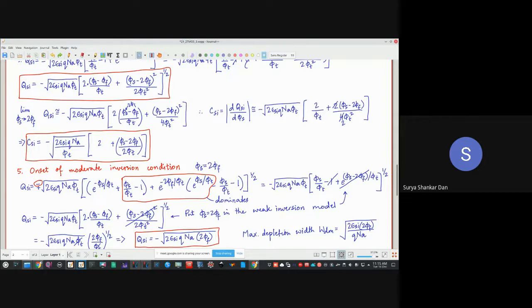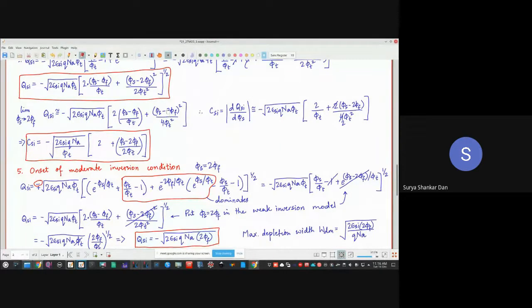If you are keeping 2 by phi t here, it is 2 by phi t, and this is phi s minus 2 phi f. Remaining is fine, sir. Then if you are putting phi s equal to 2 phi f here, then this is gone. So all I'm suggesting is let us not replace phi s by 2 phi f. I think I will go by your derivation only, 2 by phi t and this, because I do not want to put phi s equal to 2 phi f.